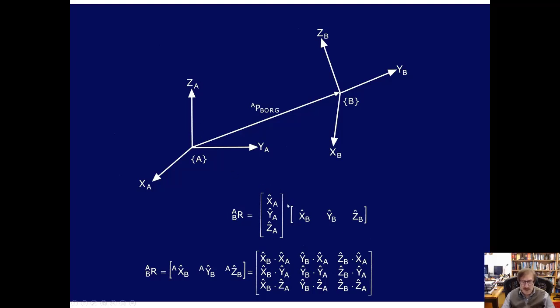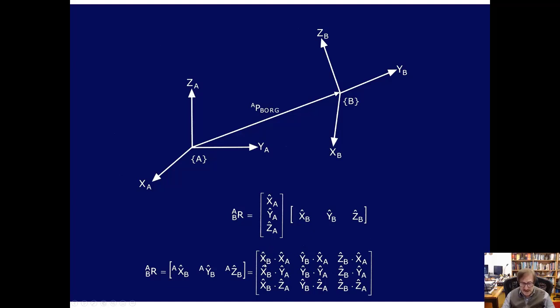This is dot product or multiplied with the transpose of the axis of the B frame. And we have seen that this dot product gives this.